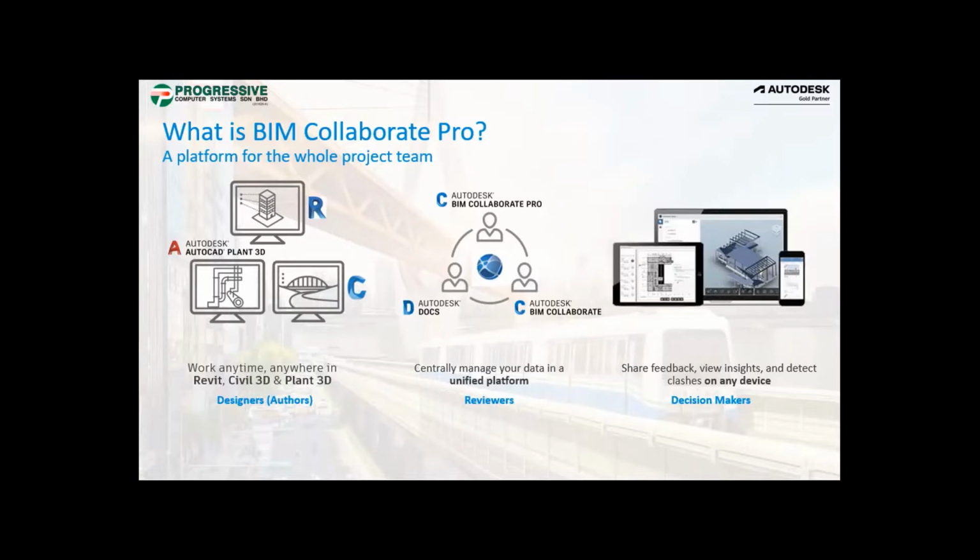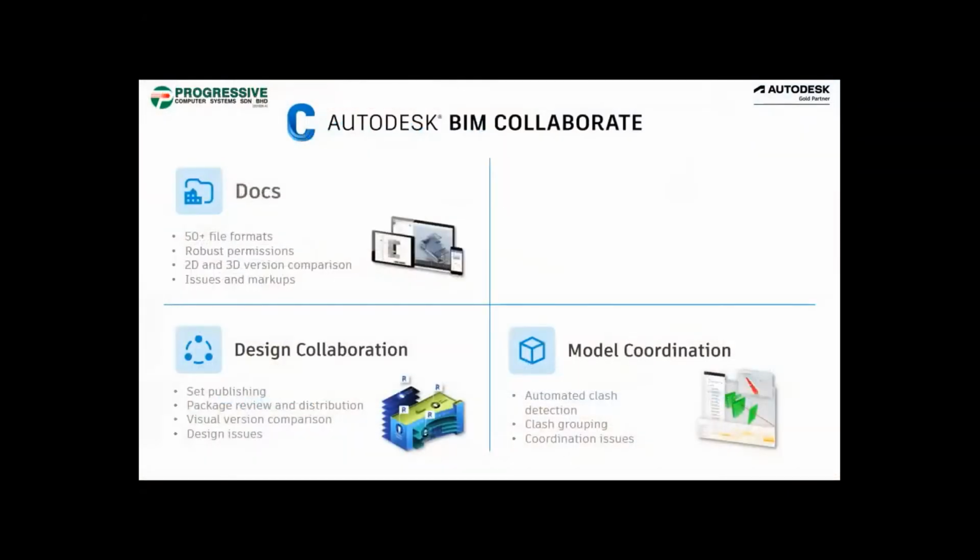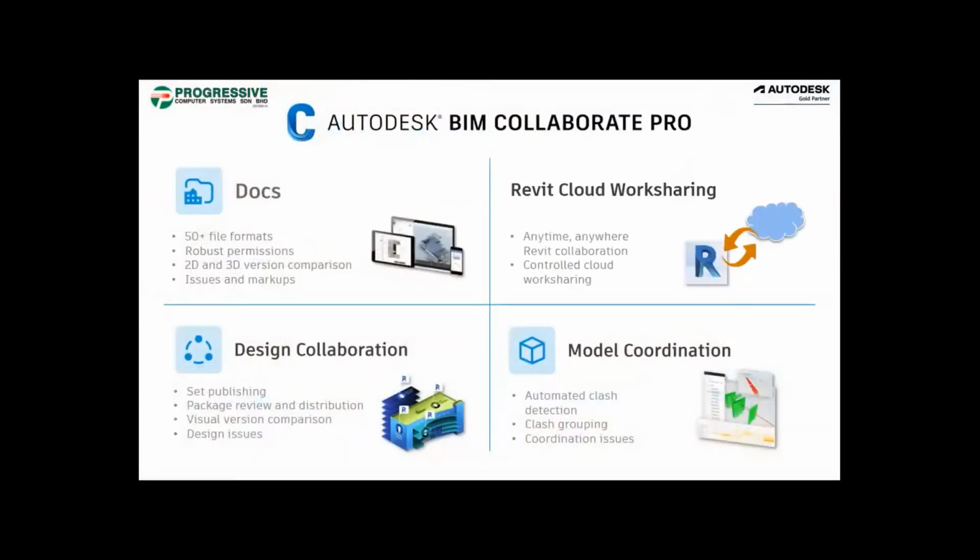Now we can see the features of BIM Collaborate Pro. These products include key features for Revit, Plant 3D, and Civil 3D users. The first one is Docs, which is the foundation of the Autodesk Construction Cloud platform for document management.